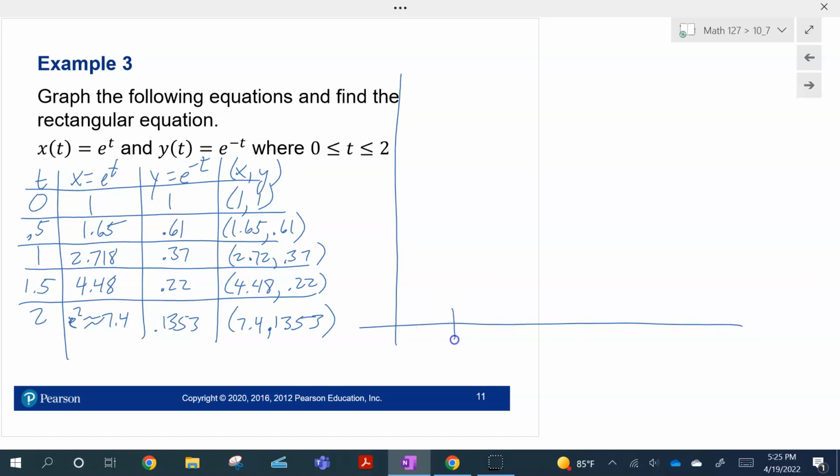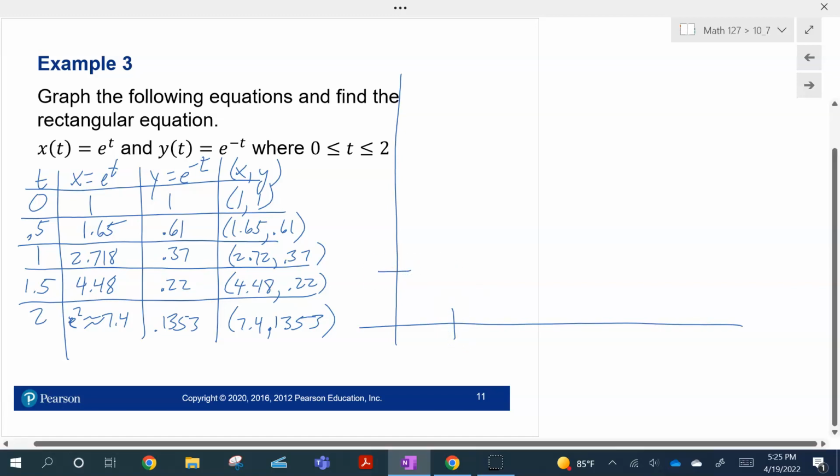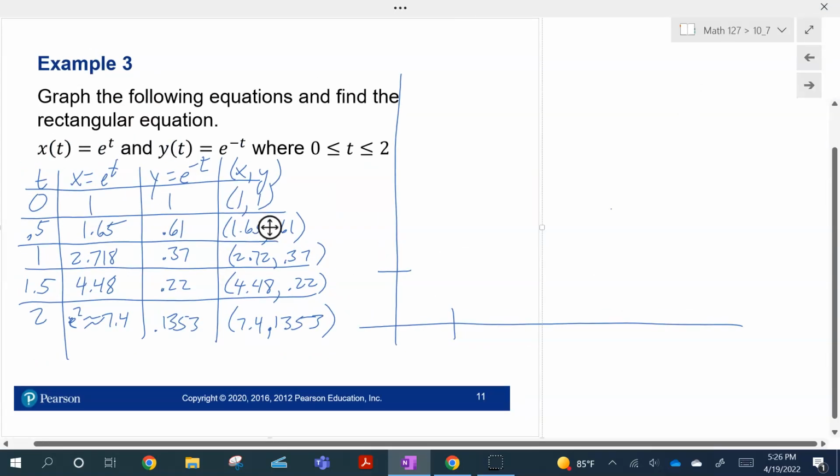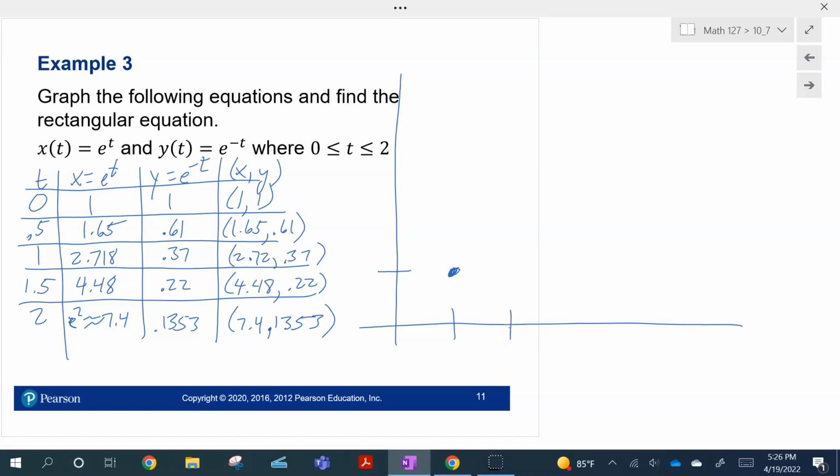So we've got 1, 1. There's 1, 1. I got 1.65, 0.61.